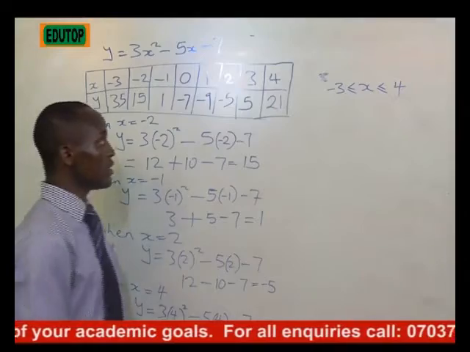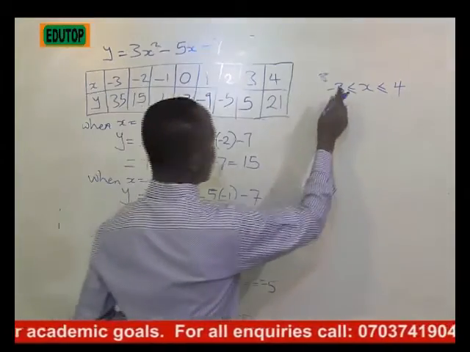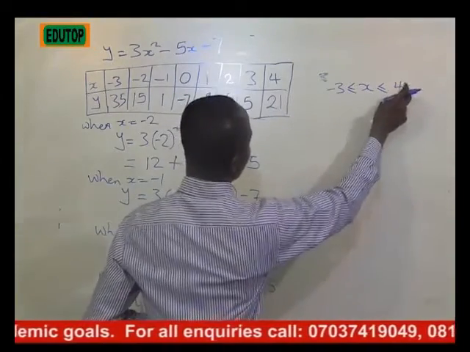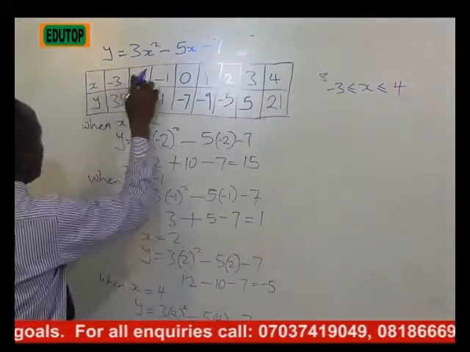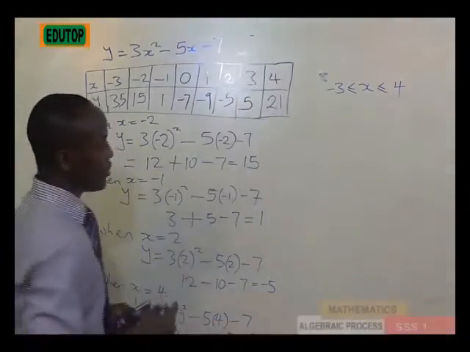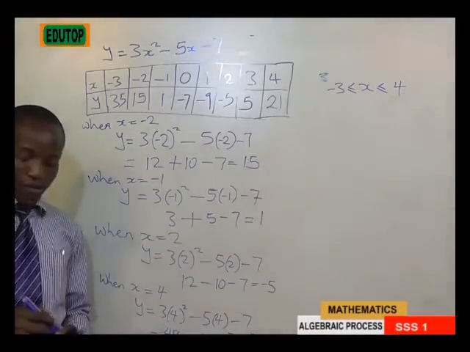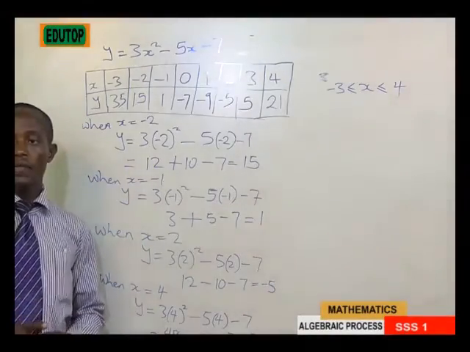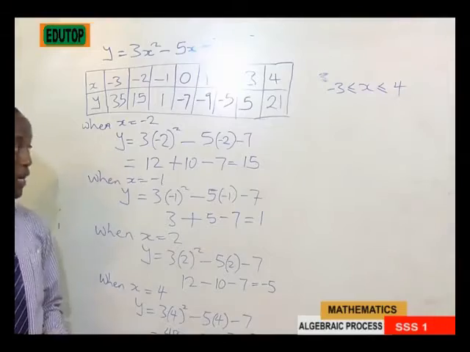That's our range. We are moving from minus 3 to 4. That is minus 3, minus 2, minus 1, 0, 1, 2, 3, 4. That's the range of x values that we are going to have.